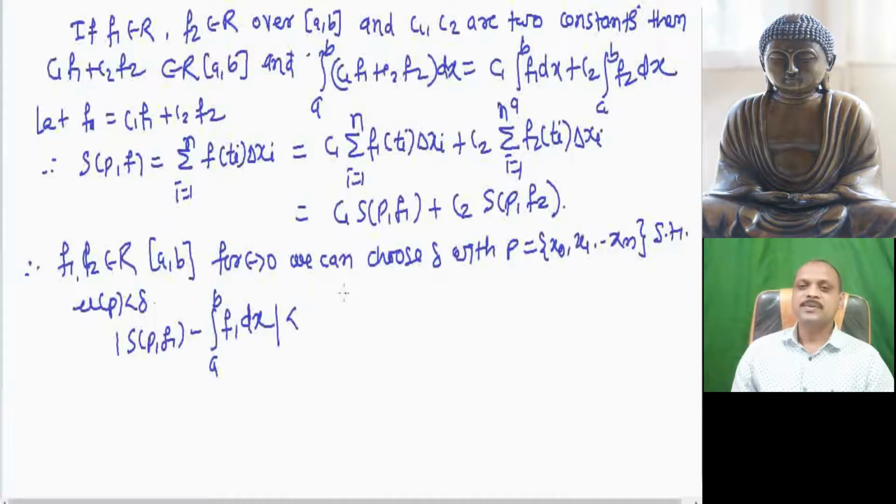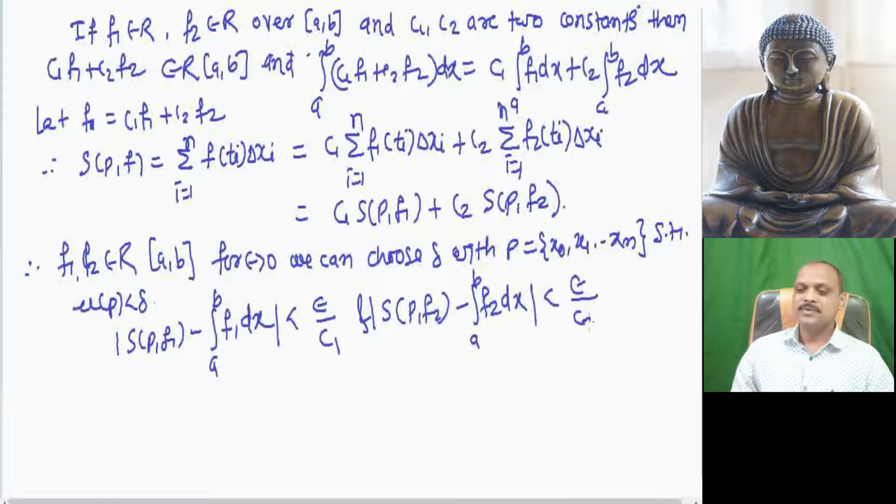Since this function is integrable, we can choose epsilon divided by c1, and S(P, f2) minus the integration of f2 between the limits a to b is less than epsilon divided by c2.